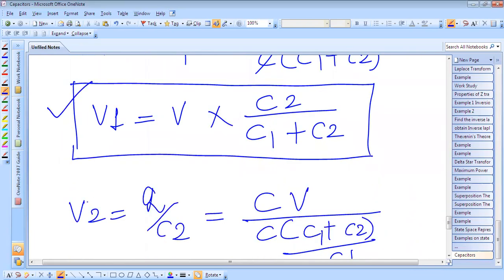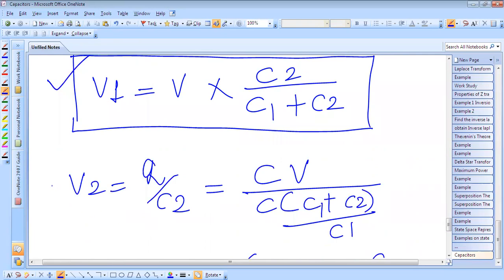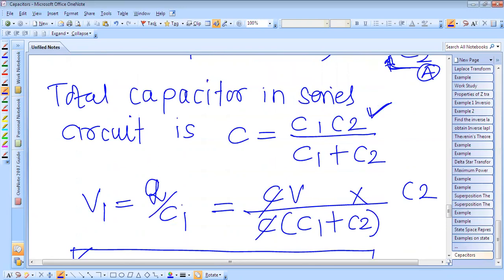Similarly, we can calculate the voltage across capacitor C2. It is Q by C2. Again, Q, the charge, is capacitance into voltage, and we put in the value of C2, which we calculate from this equation.